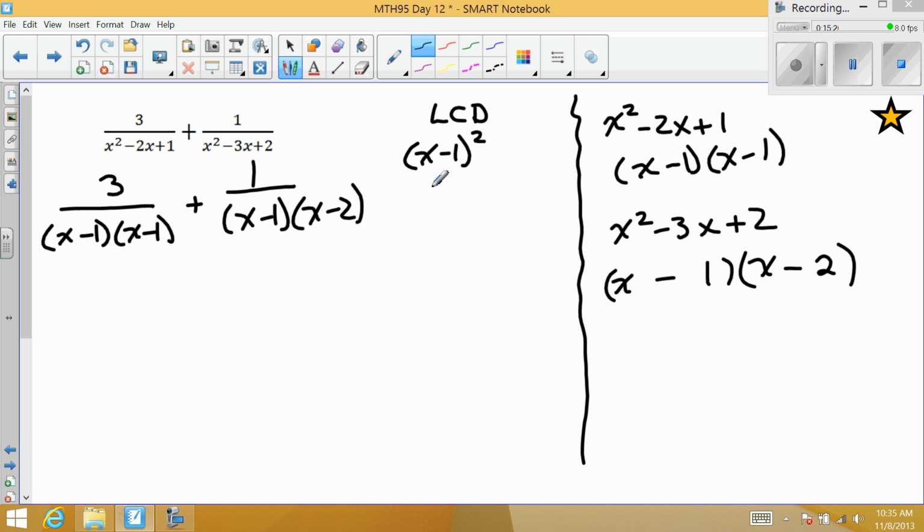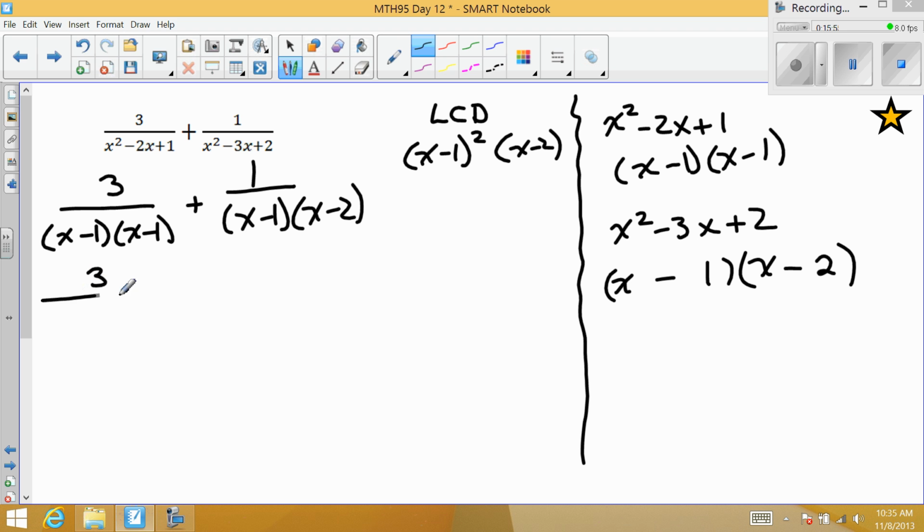It's either x subtract 1 times x subtract 1 or the shorthand notation with the exponent of 2. And then I also need an x subtract 2. There's one of those in the second term. So when I build up my fractions to have that common denominator, the first one is missing the x subtract 2, and the second one is missing this second x subtract 1. So those will be the missing factors I need to multiply in.